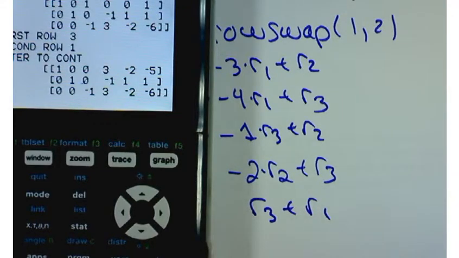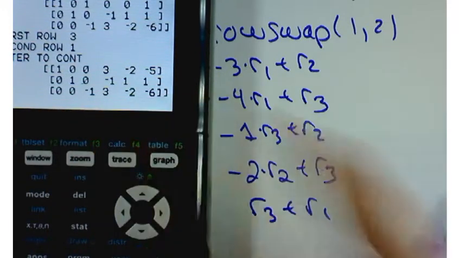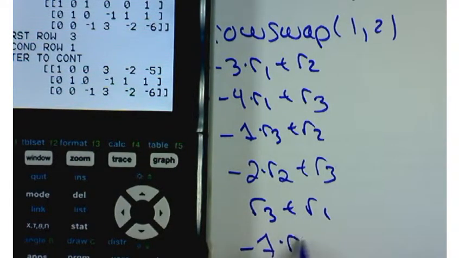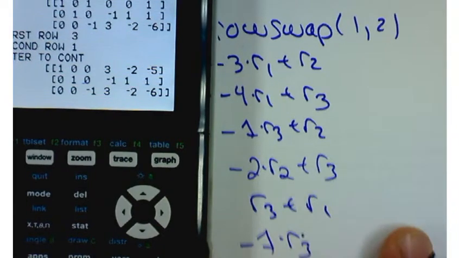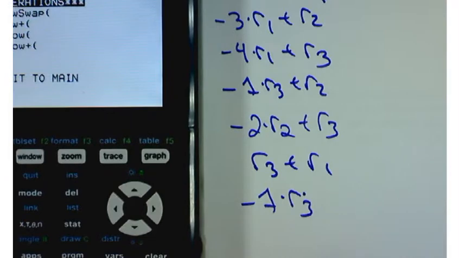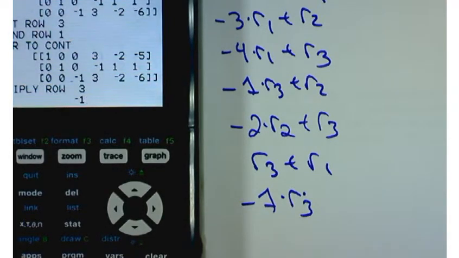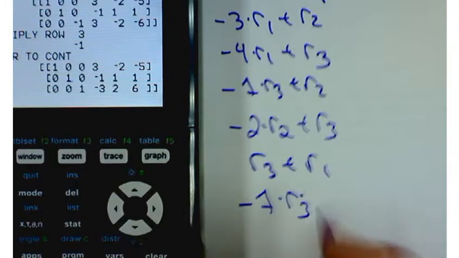Almost done. What's the last thing we got to do to get our inverse? Yeah, I'm going to multiply this last row by -1, so -1 times row 3. That should be our last step. So that's a multiply row, so it's a 3 here. Multiply row 3 by -1. Nice.